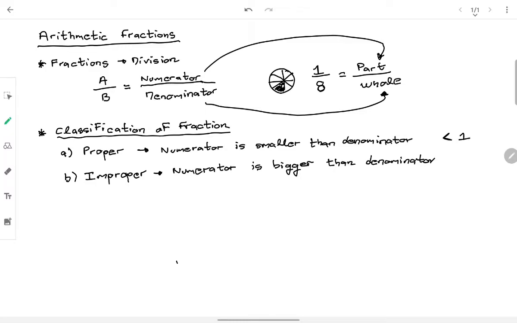In improper fractions, if we make that division, it will give us a number bigger than 1. So proper fractions, the division is less than 1. Improper fraction, the division is more than 1. So this is like a little introduction about fractions and classification.